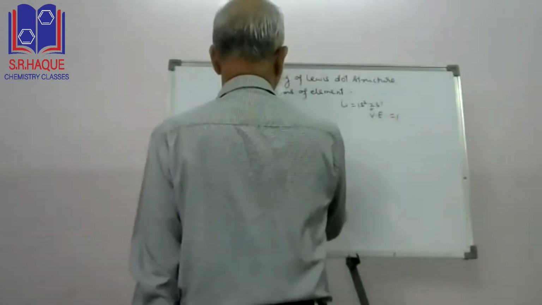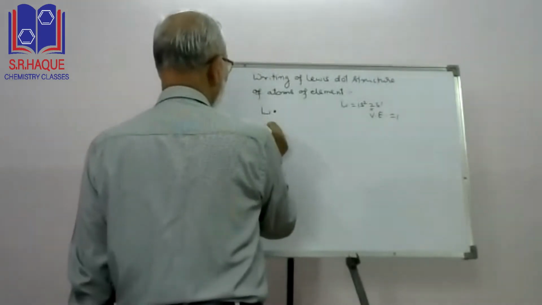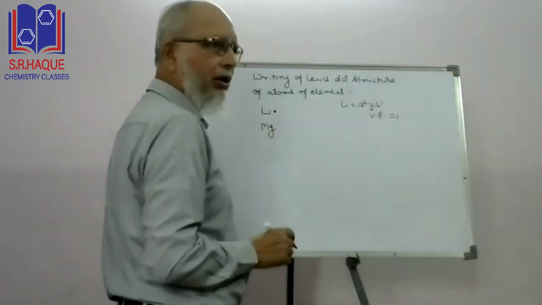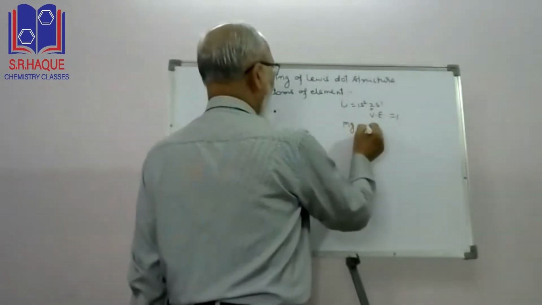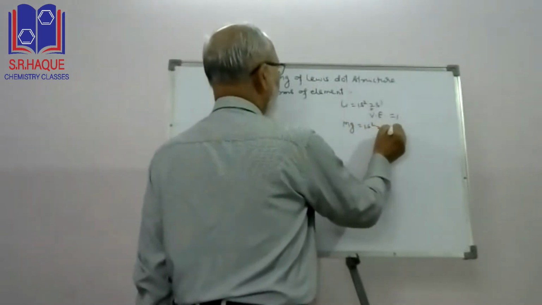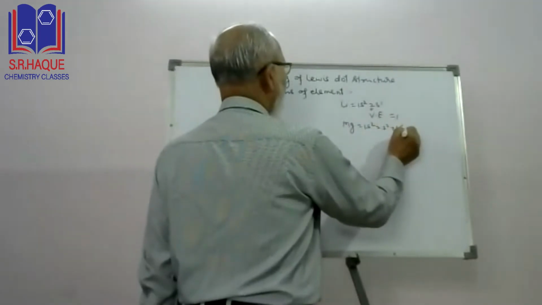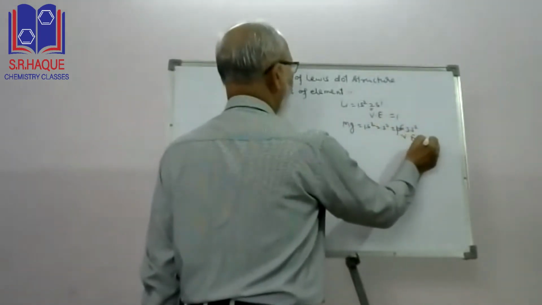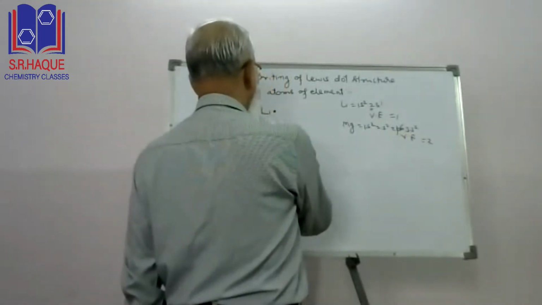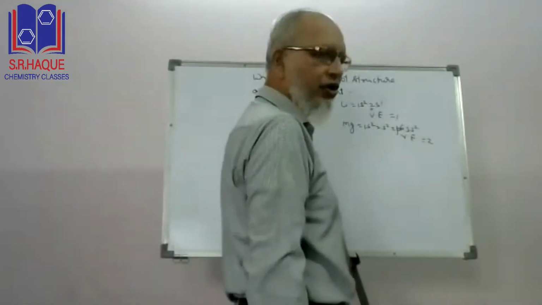Similarly, magnesium has electronic configuration 1s2, 2s2, 2p6, 3s2. Valence electrons 2. Therefore, magnesium can be represented like this by Lewis dot structure.